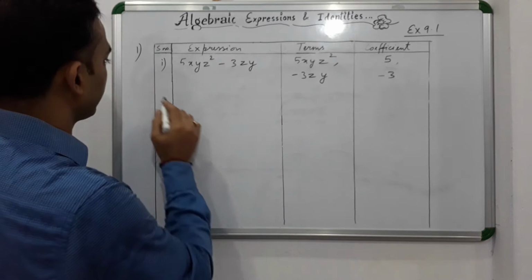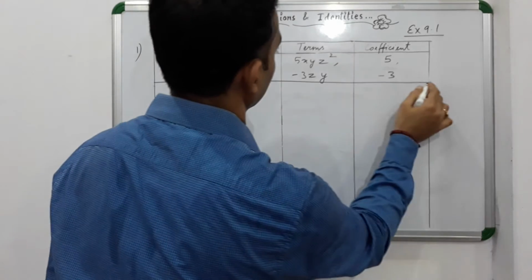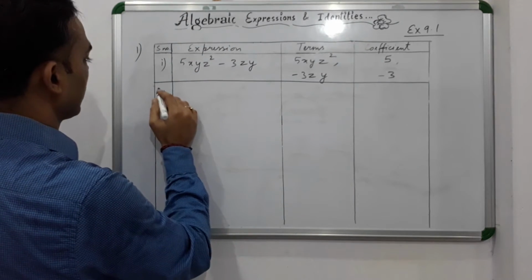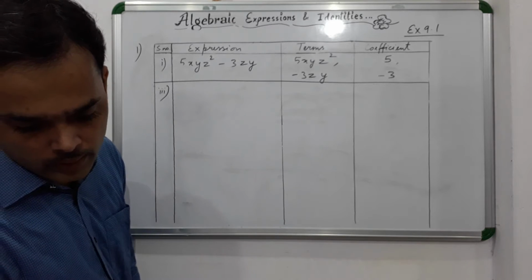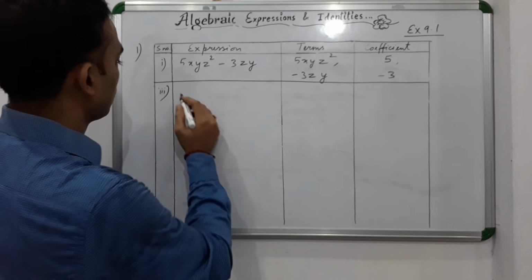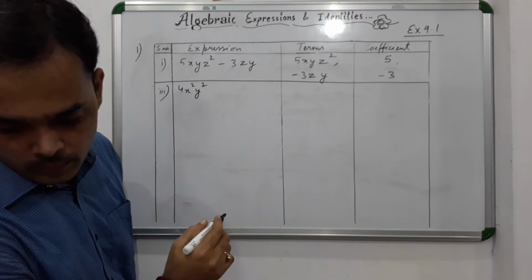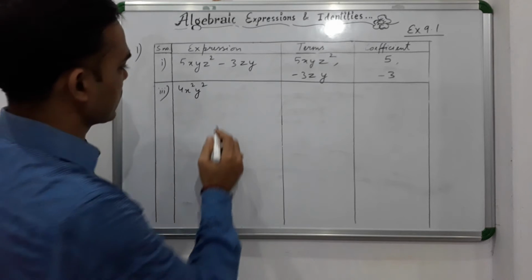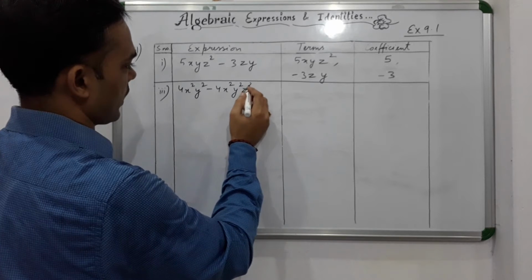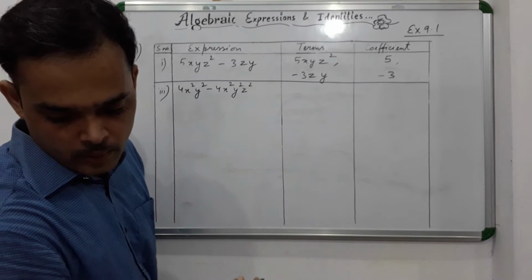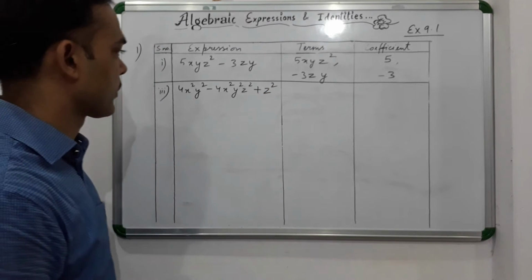After this first part, now let us do the third part. In the third part, the question is 4x square y square minus 4x square y square z square and then plus z square.